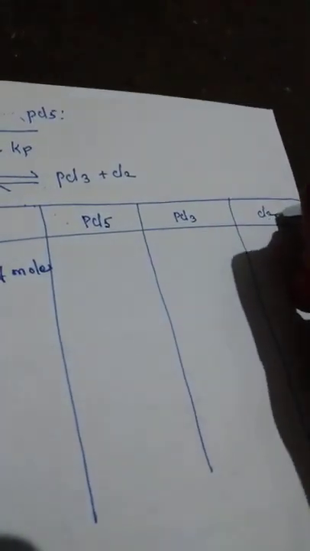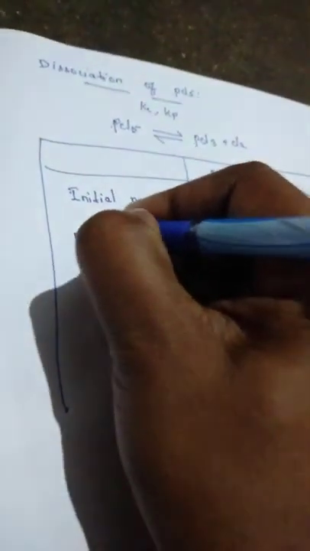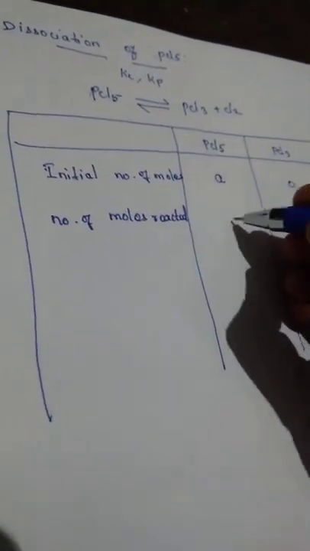So here also same way, initial number of moles: reactant is A, and the two products are 0. Then second step, number of moles reacted. You can consider this one X, and these two values are 0.